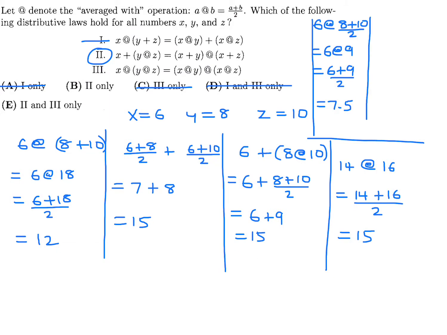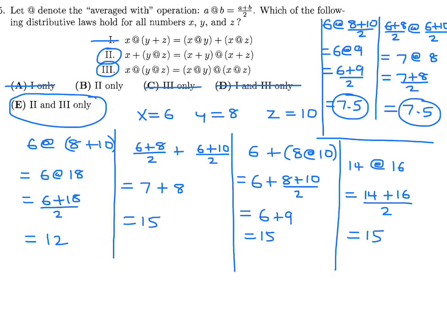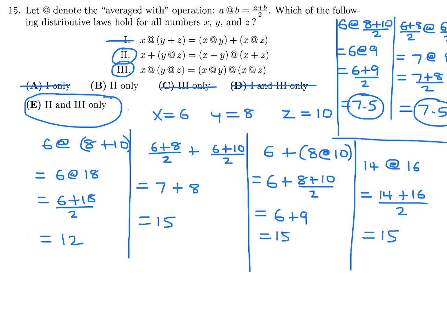So x at y is 6 plus 8 over 2, and then x at z is 6 plus 10 over 2. So that looks like 7 at 8, and that's 7 plus 8 over 2, which is 7.5. So this is the same as that. So 3 is true. So that means 2 and 3 are true for number 15. So therefore the answer is E.